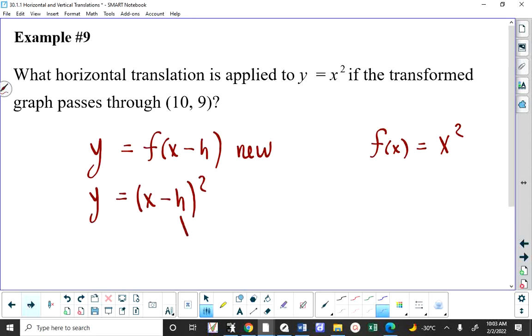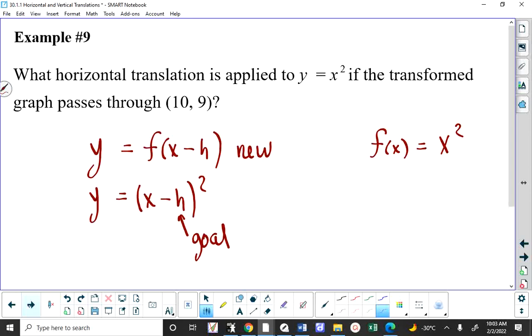This is our goal this time. And it's a missing parameter. That language is important. You'll see missing parameters in trigonometric functions, in logarithmic functions, in exponential functions. You'll see them over and over again.